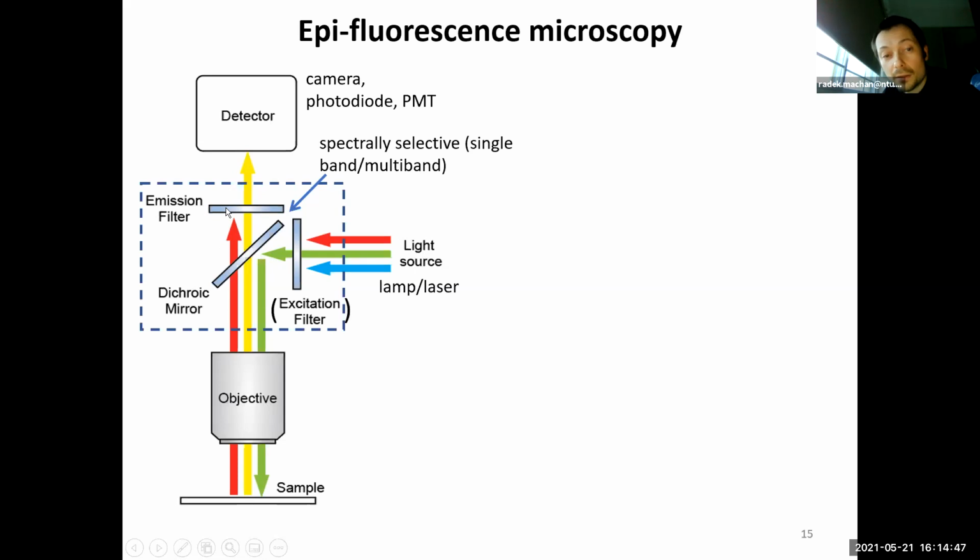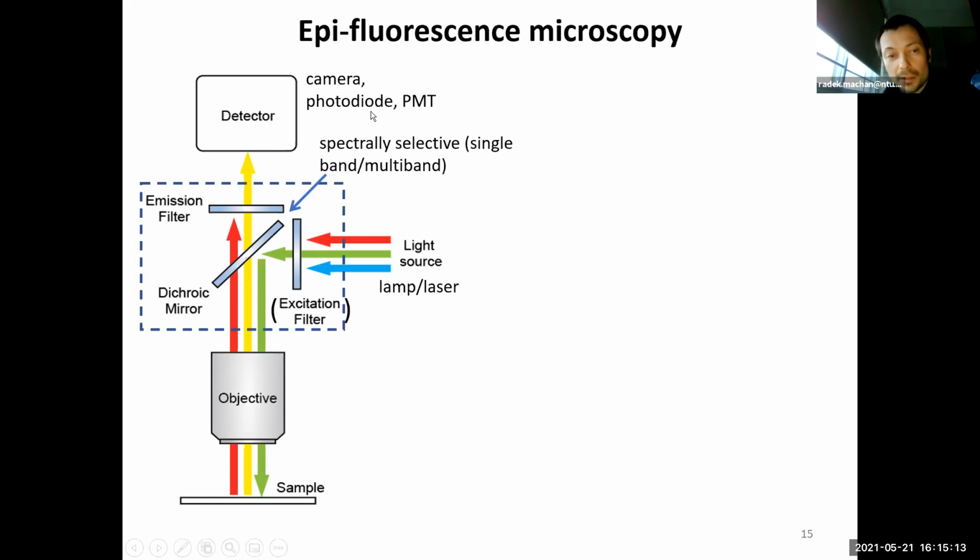And then there is typically an emission filter, which again allows me to select the range of fluorescence wavelengths I want to see, and then whatever passes through is detected. It can be either a spatially resolved detector, a camera, or it can be a photodiode or a photomultiplier tube.